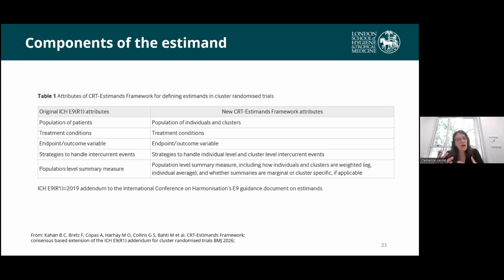Then when we think about intercurrent events, or events happening after randomization, we need to think about strategies to handle them both at the individual level and at the cluster level. And for the estimand as well, so the population level summary, it's where things are interesting because we have marginal or conditional effects, but also we have different types of population we can consider, and it's what I'm going to talk about now.